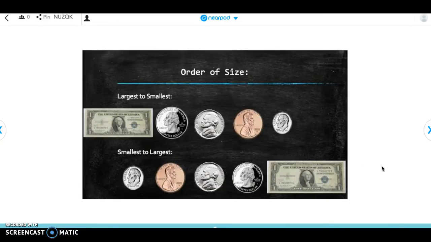Then we discuss the order of the size of the money. Even though a dollar is worth more and it's the biggest, a dime is the smallest, but it's worth more than a penny or a nickel. And then we go more into depth on that.